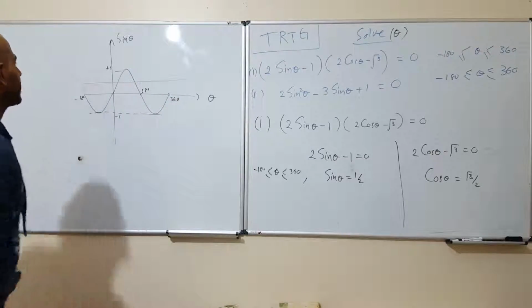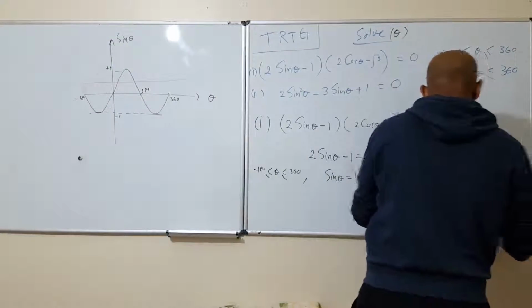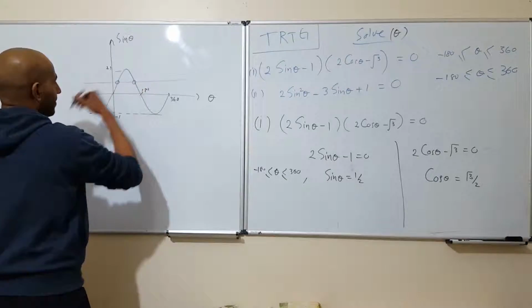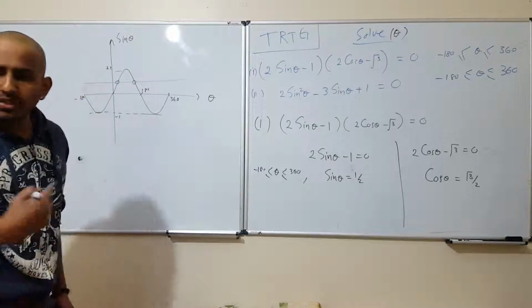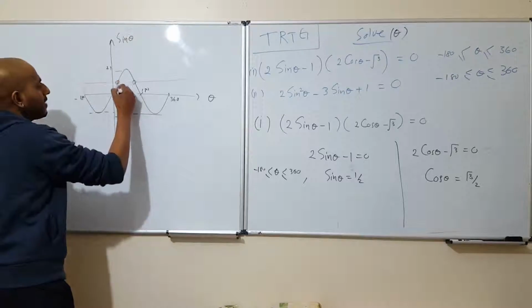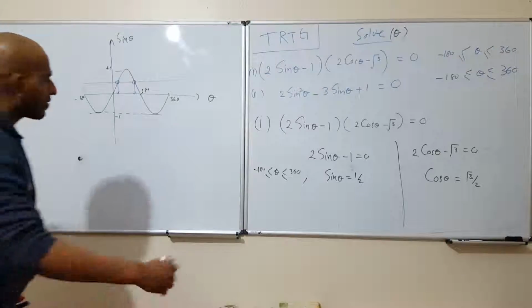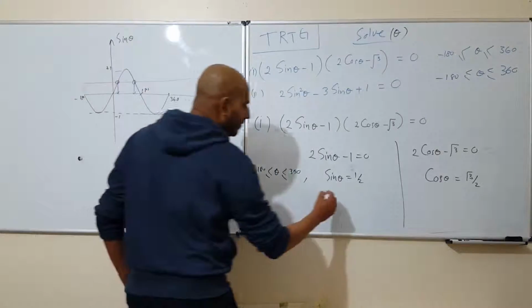So there seem to be two solutions here. That's one solution, that's the other. We are looking at the theta values which yield those solutions. To find these values, we can use a calculator.